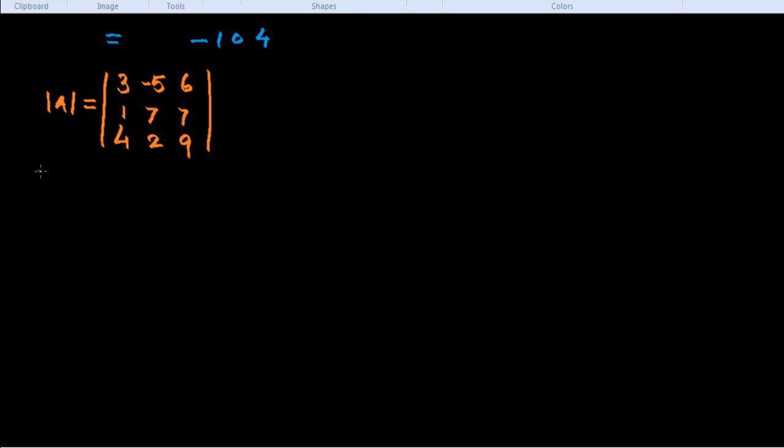We evaluate this determinant. So we get here 3 times the 2 by 2 determinant 7, 7, 2, 9, leaving this row and column. Now the second sign is negative, and the element is -5, so we put here the determinant 1, 7, 4, 9.